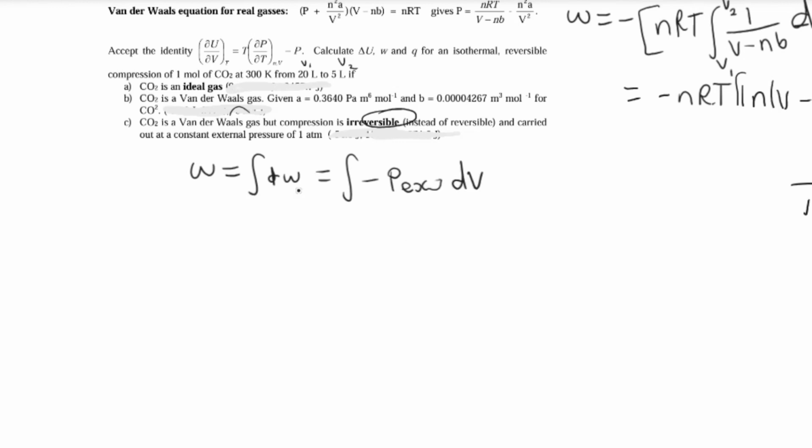This fact that dW is equal to minus P external dV still holds. Now we can continue and say this is the same as, because we are integrating with respect to volume, from volume 1 to volume 2.